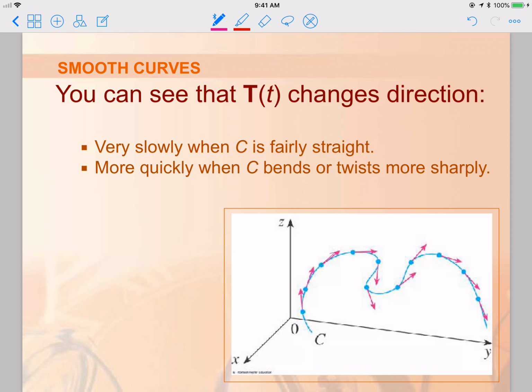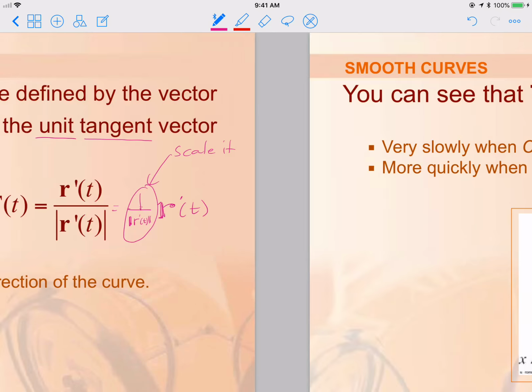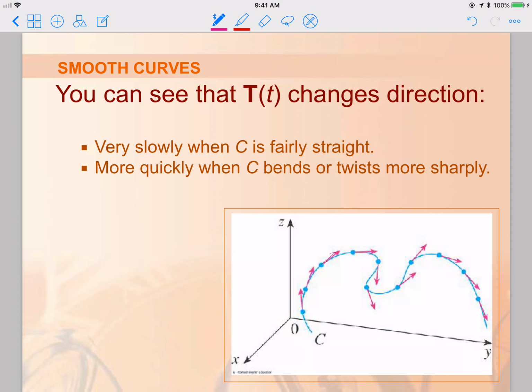So if your curve is pretty straight, then the tangent vector doesn't change direction that quickly. But the more you're curving, the more quickly your unit tangent vector changes direction.